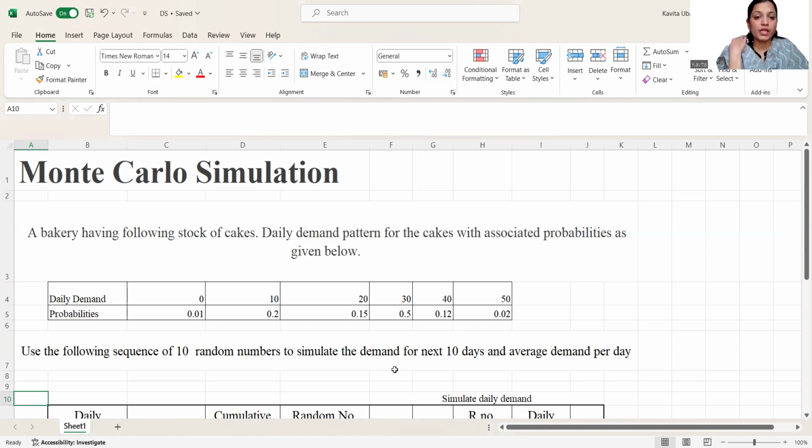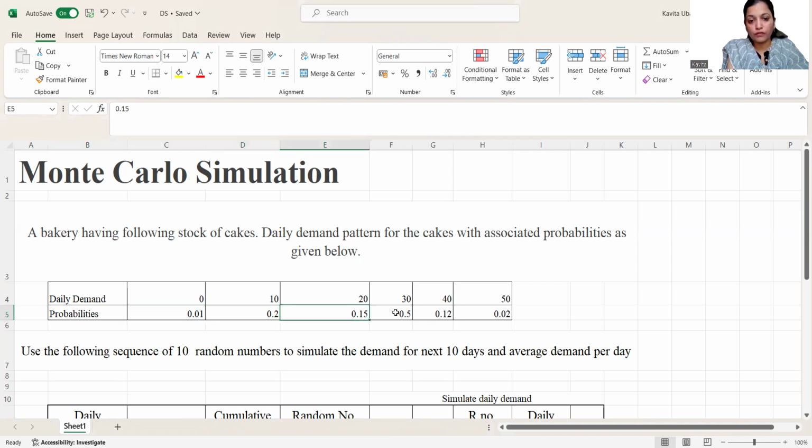So there is a problem statement given on a bakery, and the stock of cakes is given and probabilities are also given. On your screen the probabilities are given. What you need to check first is the total.